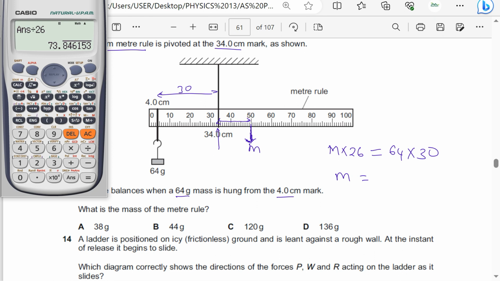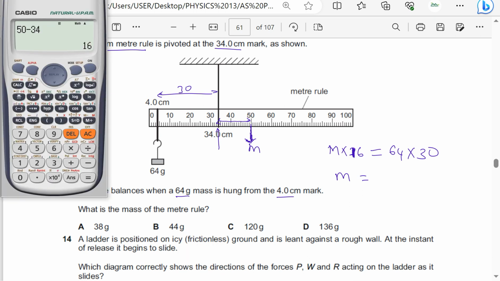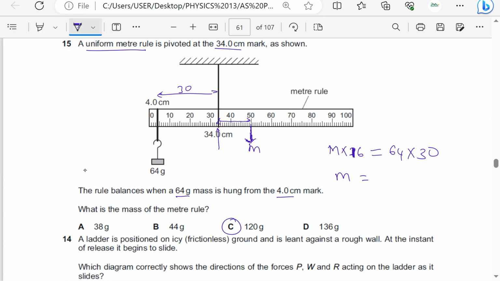Let me check this again. 50 minus, maybe I subtracted wrongly. 50 minus 34, no, that is 16. Sorry, this is not 26, it is 16. Okay, so I have to say 64 times 30 divided by 16. That is 120. So the answer is going to be C.